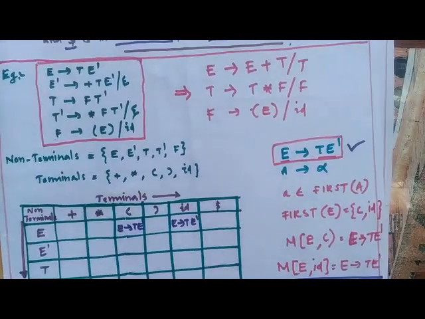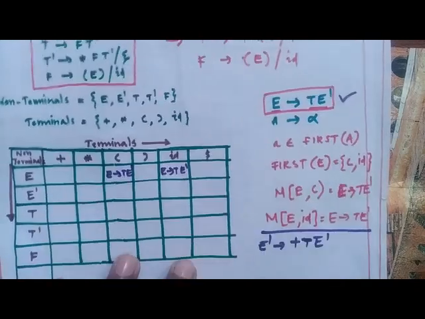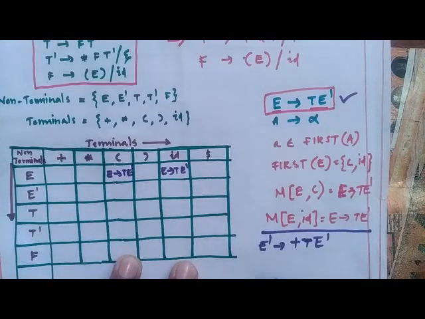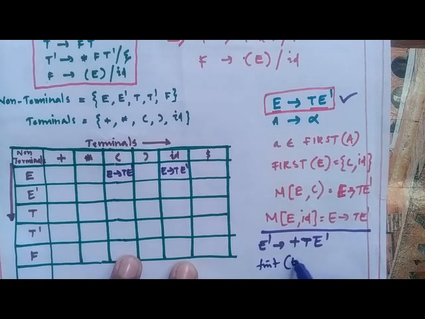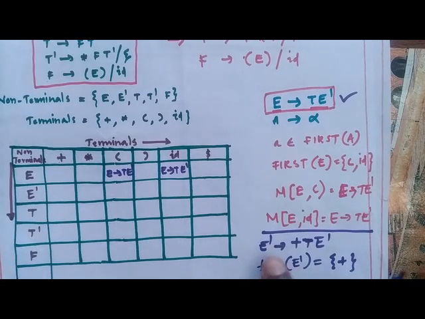So that's why I have taken this production E dash gives plus T E dash. Here first we will apply rule 1. Rule 1 is saying we need to compute first of E dash. First of E dash contains plus, because first of E dash is first of plus T E dash, which contains only plus.